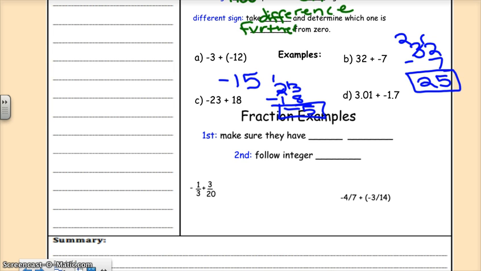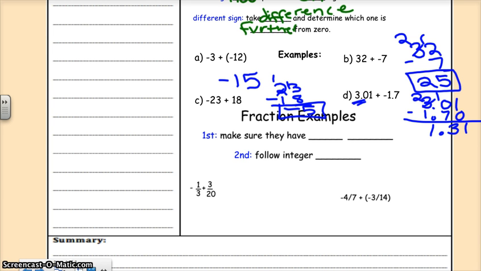3.01 plus a -1.7. I take their difference because they're opposite signs. Remember when you do decimal operations, if you're adding or subtracting, you line up the decimal. So it's 1.31.